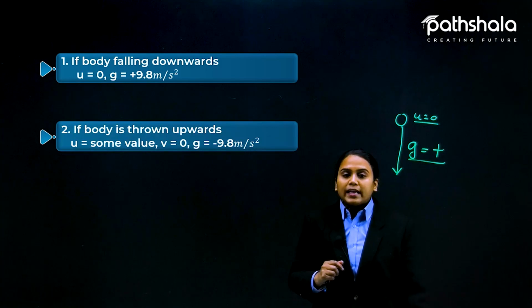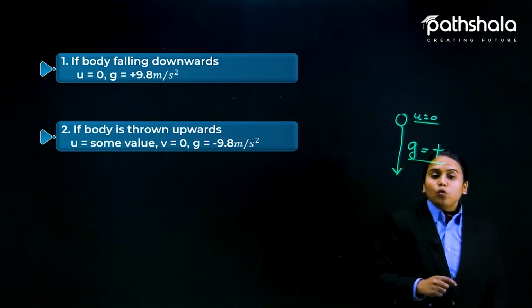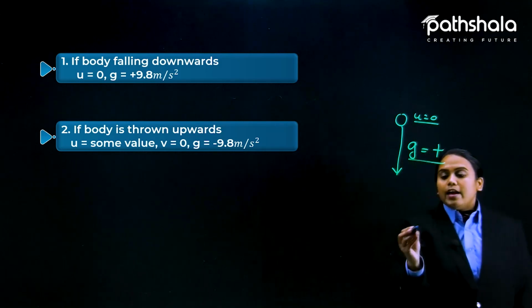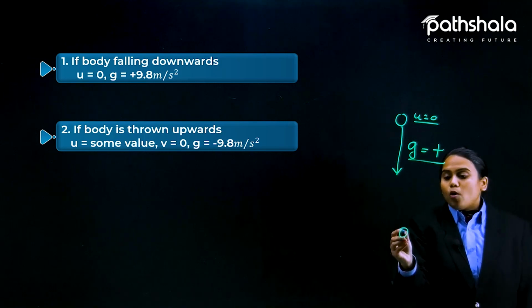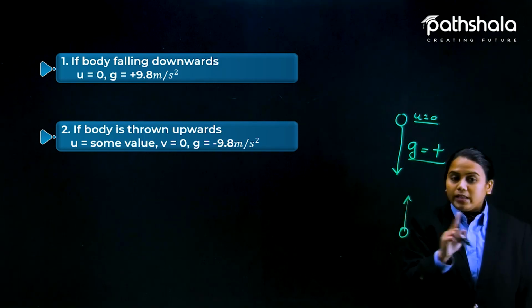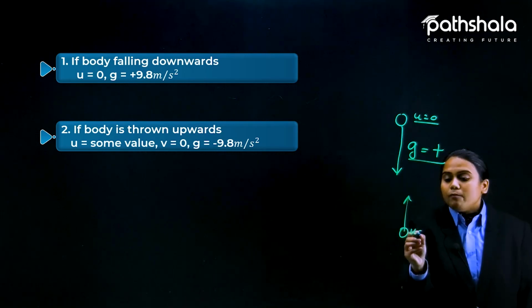Now the second thing: if the body is thrown upward, then u would be some value. Like if you are throwing a ball in the upward direction, the ball is going upward but the initial velocity was not 0 in this case, it is some value.